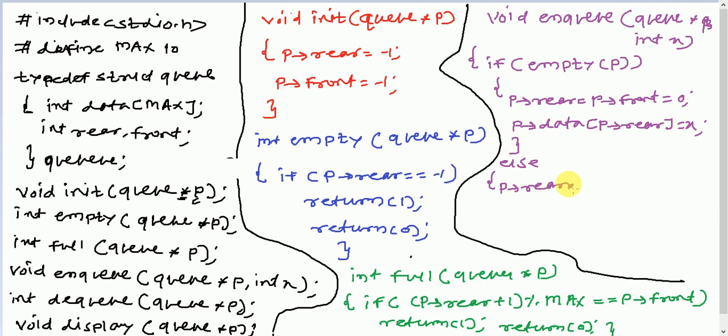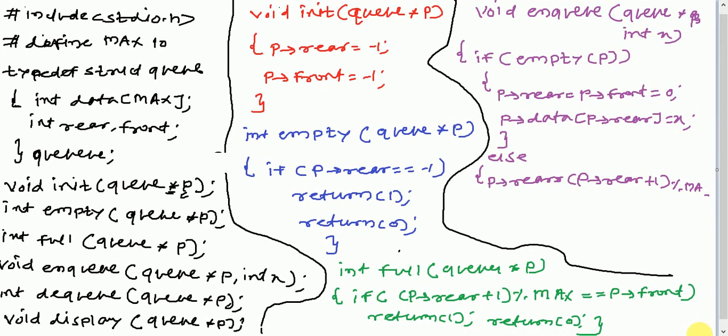So write P of rear is equal to P of rear plus 1 mod max. So now we have updated the rear, and now here we're supposed to put P of data of P of rear is equal to X. Here completes our insert Q function. Okay, so note down this.